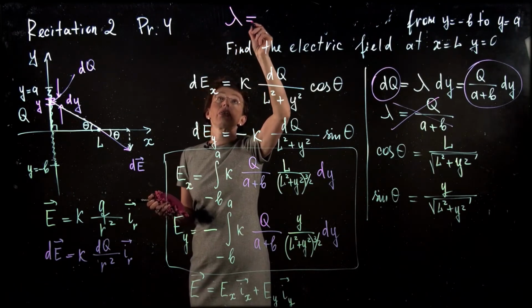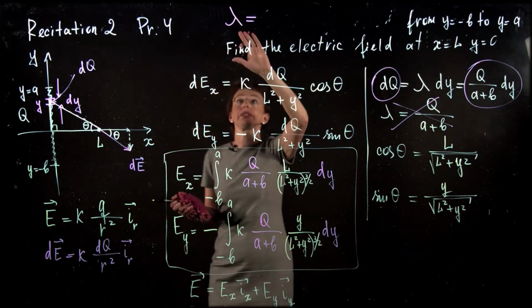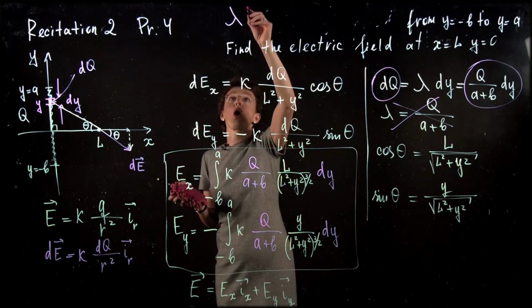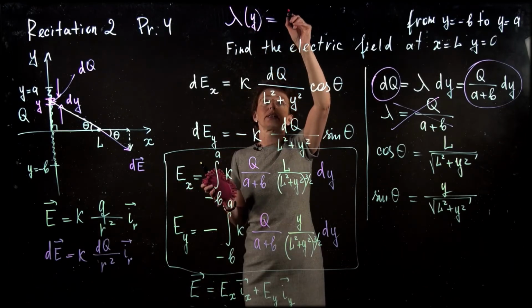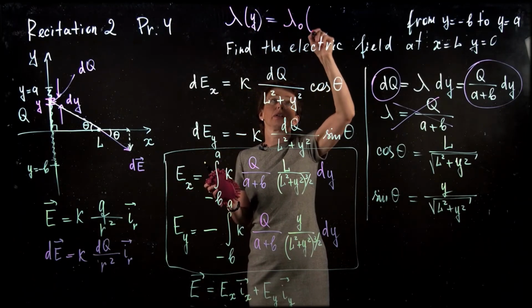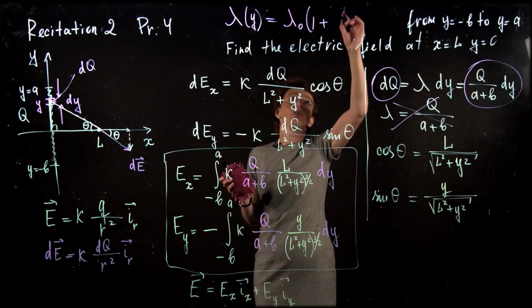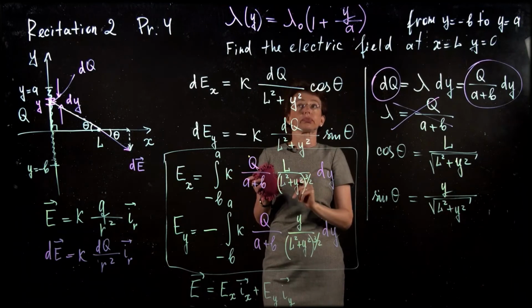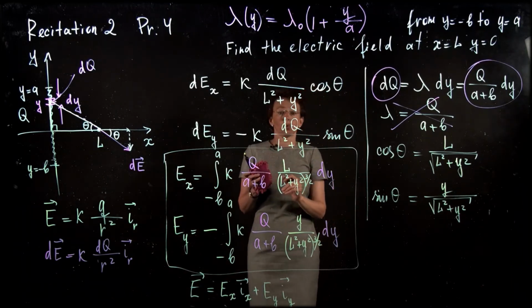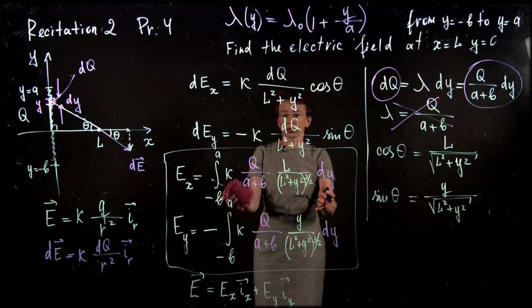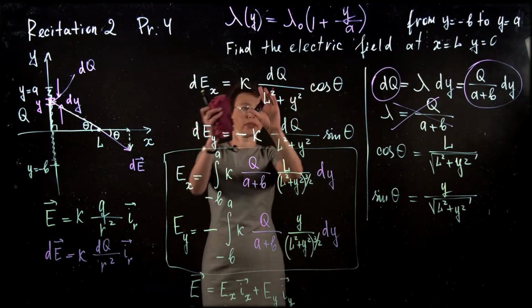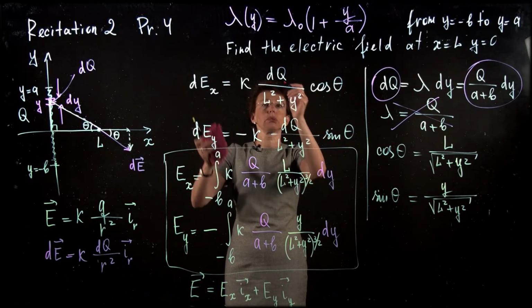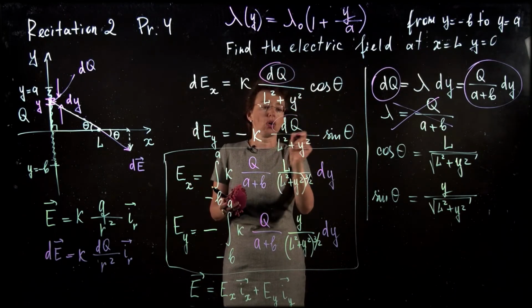It's given that this charge Q is distributed such that lambda as a function of y is lambda naught times 1 plus y over a. Where will be the difference in our solution? Will dEx, this expression, be the same or different? Here we still have dq. The difference will be in dq.